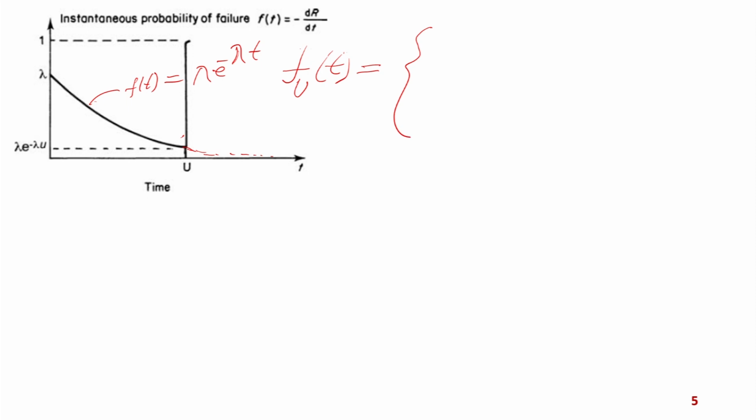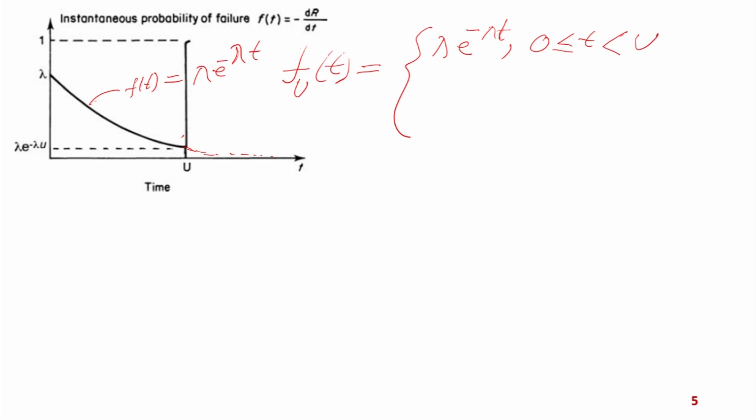First we define from 0 to u. From 0 to u it is given by lambda e to the power minus lambda t, for 0 less than or equal to t less than u.